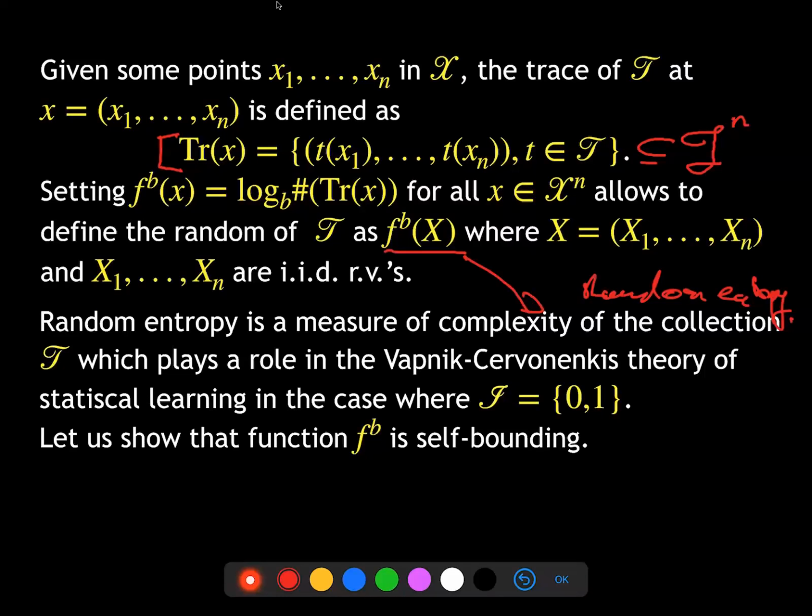This is something that we shall see in the second part of my course for those of you who will follow it. So let us show that the function is self-bounding just using Hahn's inequality in a very surprising way. So how does it work?